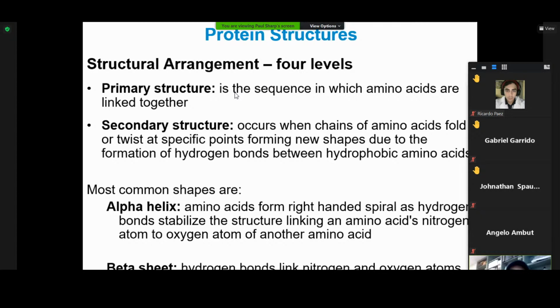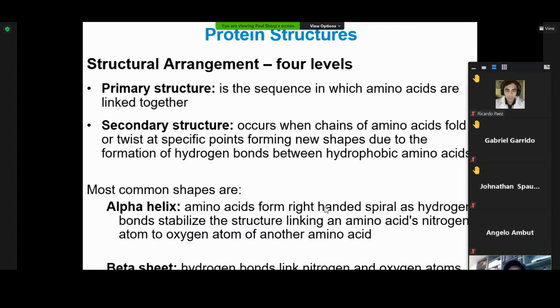So there you go. Primary structure is the actual amino acid sequence. Secondary structure are going to be these beta sheets and alpha helixes that occur by way of hydrogen bonding. Okay, so let's learn a little bit more about alpha helix and beta sheet. These are very common secondary structural shapes.